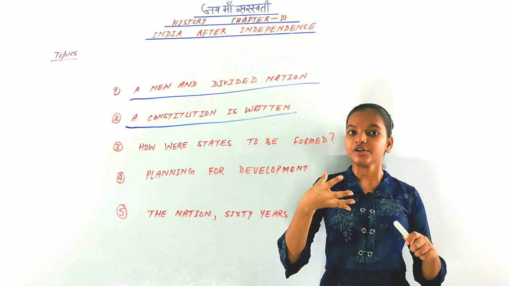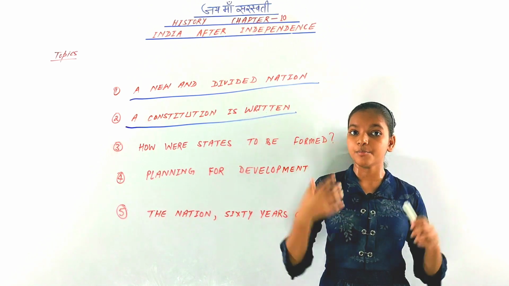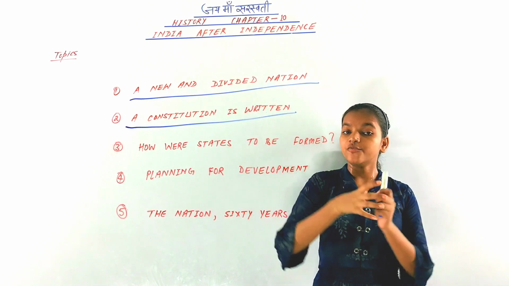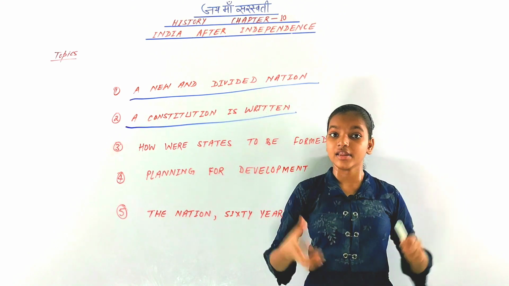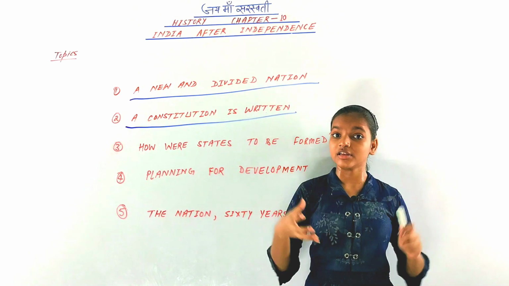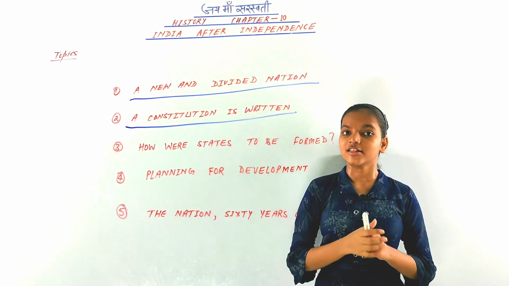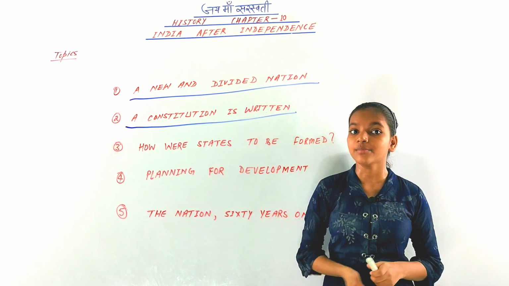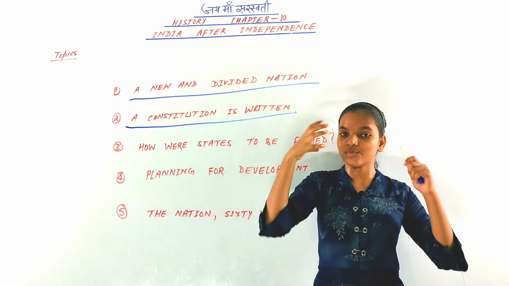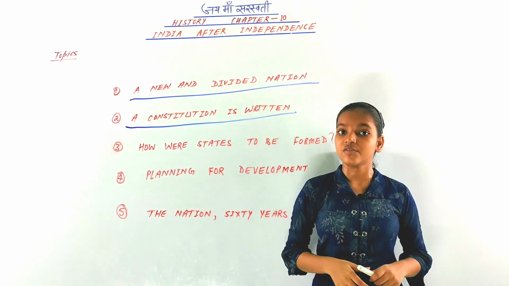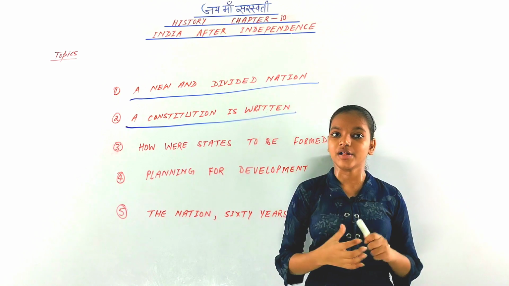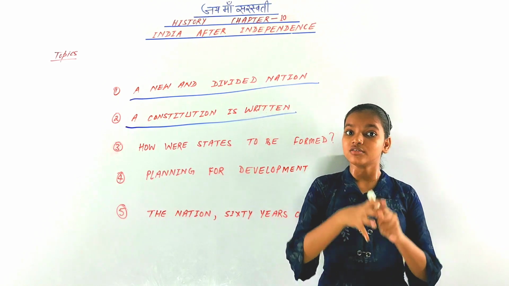The third important feature of the constitution was to advance the poorest people of India and end the practice of untouchability between the upper class and lower class people. During that time the lower caste people were not allowed to enter temples, so this practice was removed.